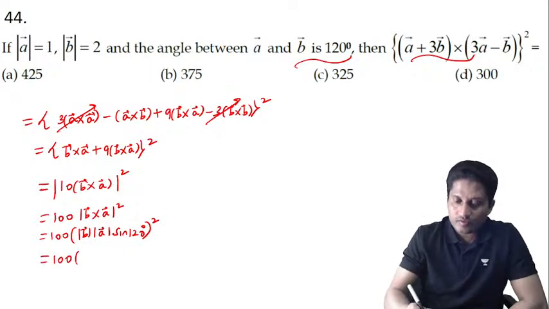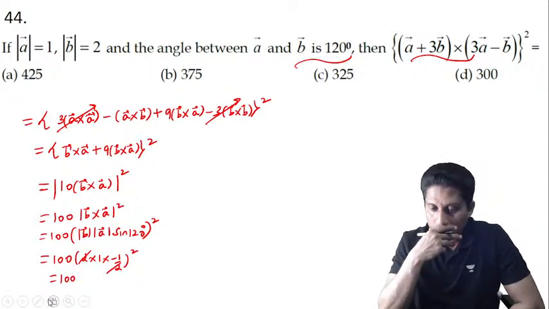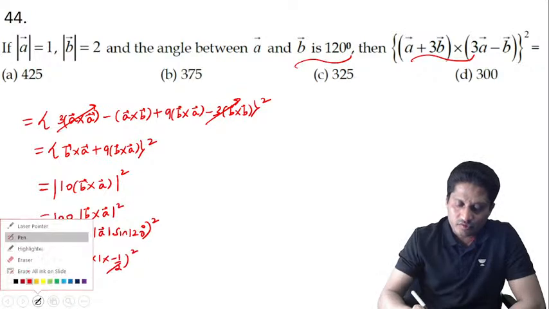This is 100 into modulus of B is 2, modulus of A is 1, sin 120. Sorry, sin 120 is root 3 by 2, right?